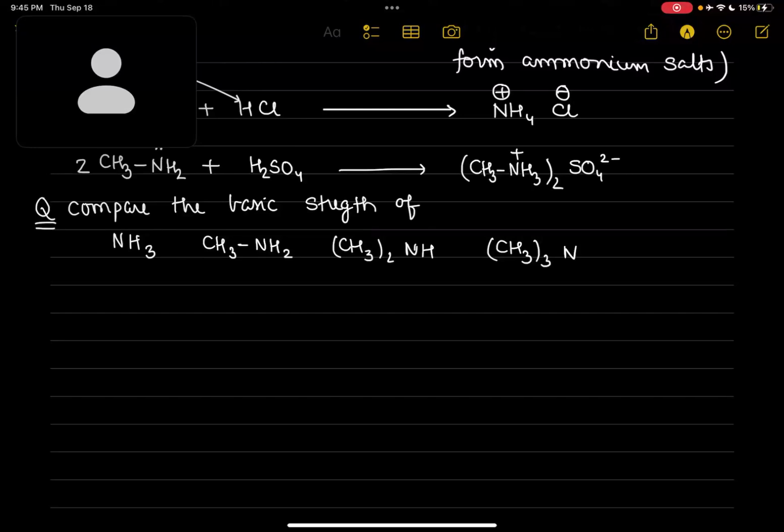So compare the basic strength of amines in aqueous medium, that is water. So how can you compare the basic strength in water?